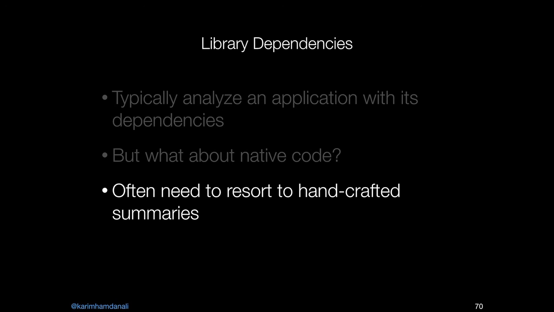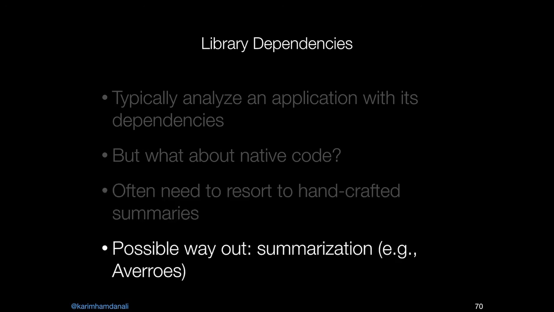FlowDroid also has a similar technique, which I don't remember if we discussed FlowDroid a while back. Maybe I briefly mentioned it when I talked about Soot, when I talked about the intermediate representations and the difference between Java and Android.